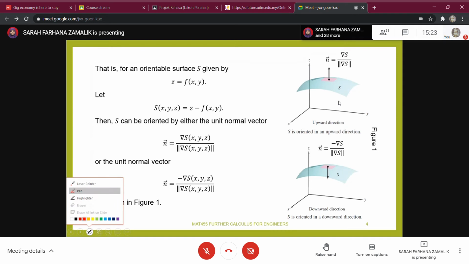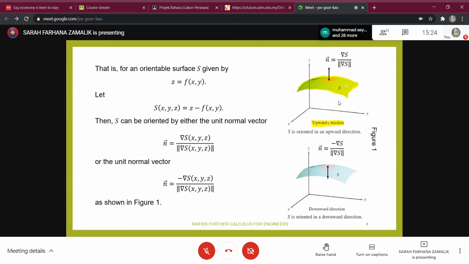Okay. That's why we call it an orientable surface, because this single sheet, yes, it can be oriented by the unit normal, positive or negative. So if our unit normal faces upward like this, okay, look at the one that has an upward direction here.